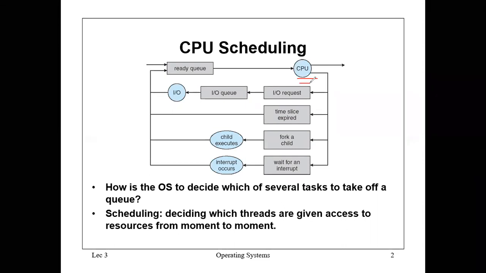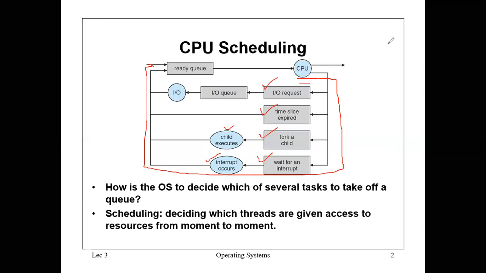You have a CPU, and from that CPU, for these reasons, I/O request, or time slice expired, or forked a child and the child is executing, or an interrupt and it is waiting, a process can go back to the beginning of the ready queue. So for various reasons, a process can go back to the ready queue.